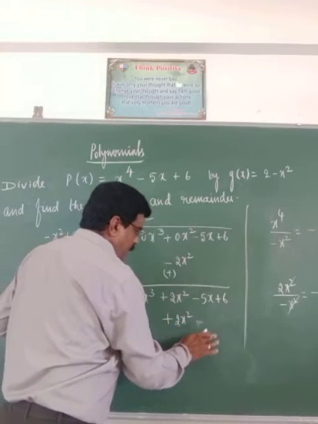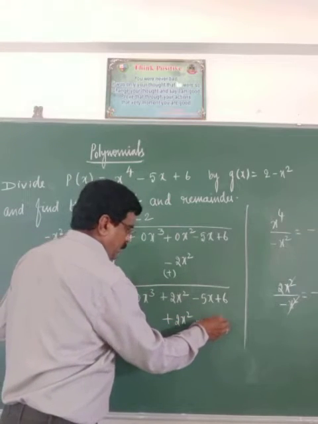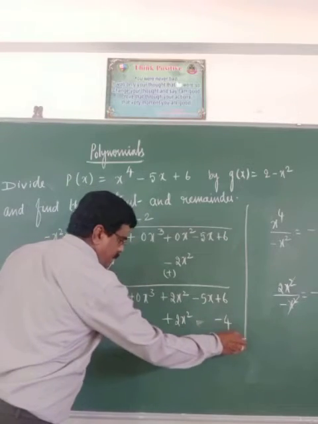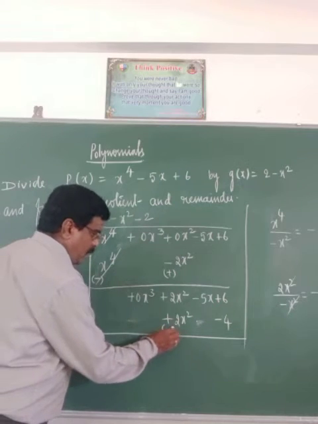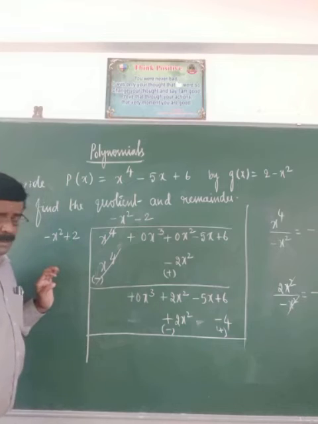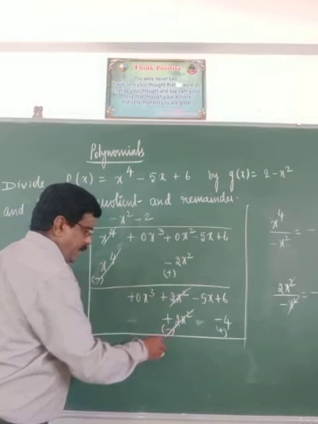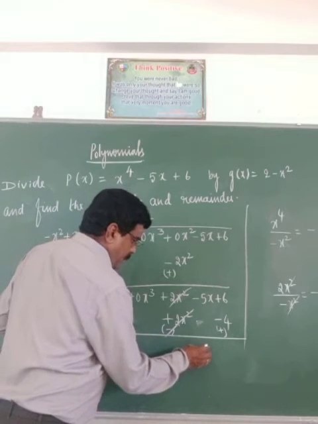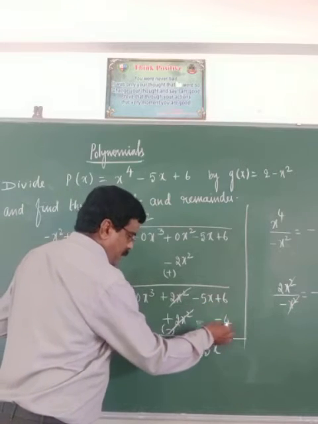Where does 4 come? 4 is a numerical number, so it will come here, below this constant. Now here, again subtract or change the sign. So it is what? Plus 2x square, minus 2x square gets cancelled. So remaining, minus 5x. See, plus 6 plus 4.